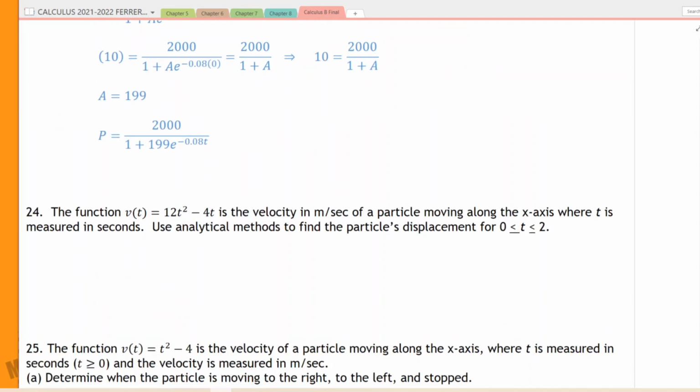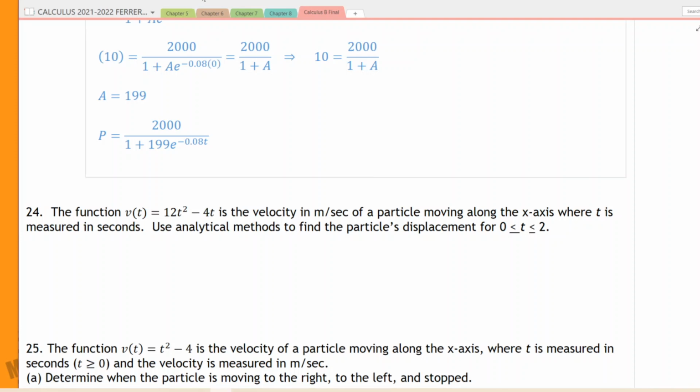Number 24. We have the function V(t) equals 12t squared minus 4t. That's the velocity in meters per second of a particle moving along the x-axis, where t is measured in seconds. Use analytical methods to find the particle's displacement from 0 to 2.